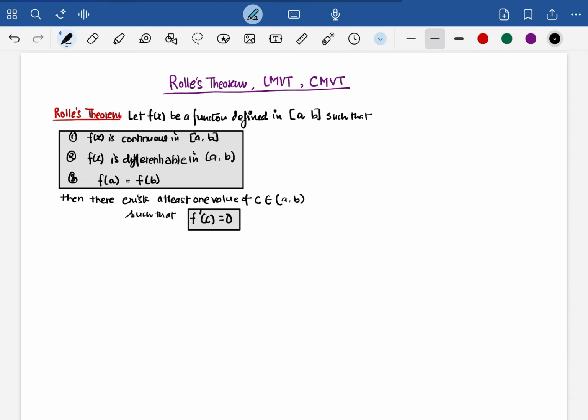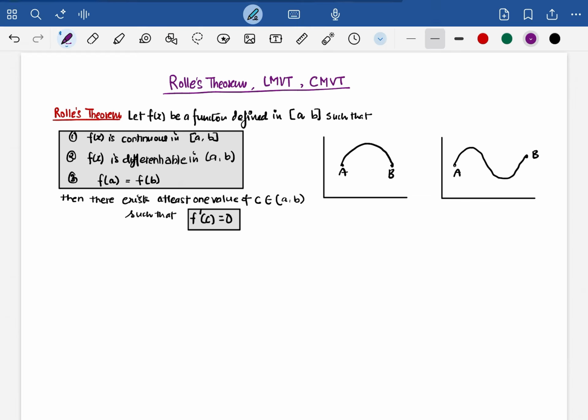If we want to understand this graphically, then we can say this is the condition. Let us say these are the two possible graphs. Let us say this is a graph, this is point a, this is point b. There might be some other graph possible.